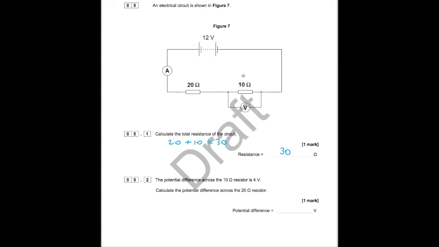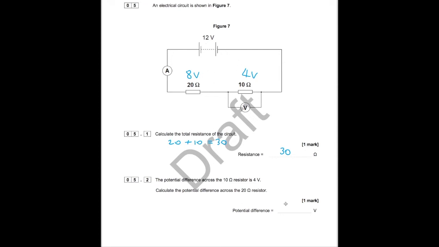So if it's saying on the 10, you've got 4 volts. How many volts have you got left? 8. So you'll have 8 volts on there. These two voltages have to equal that voltage. And another thing to notice, this resistor is twice as big as this resistor. So this resistor will get twice as much volts. So 4 doubled is 8, and then double check that 8 plus 4 equals 12.